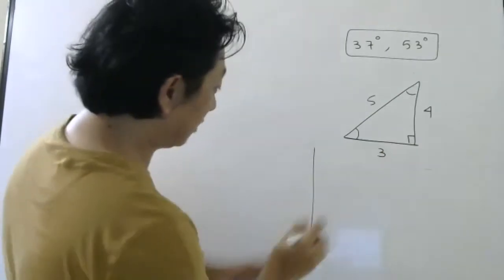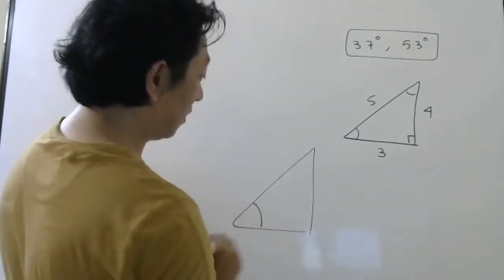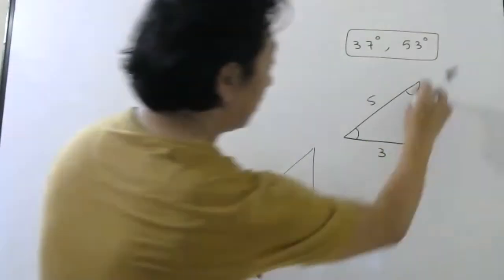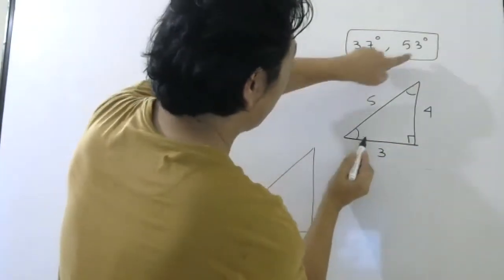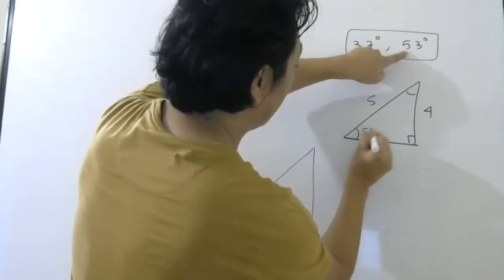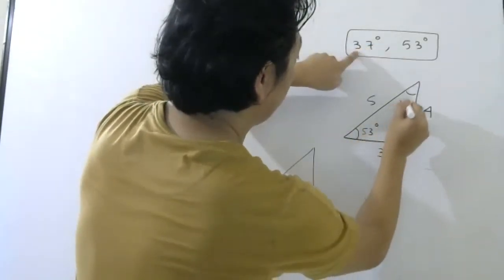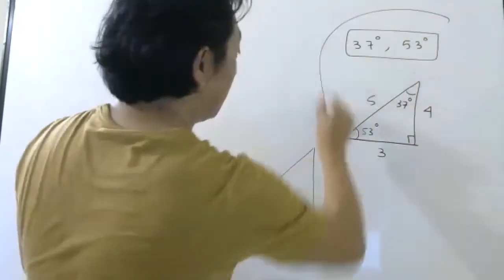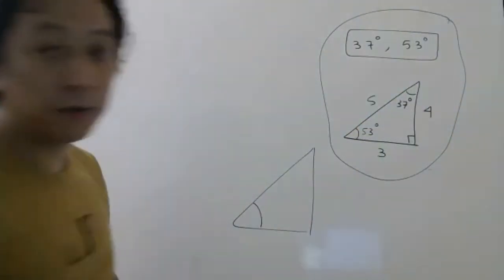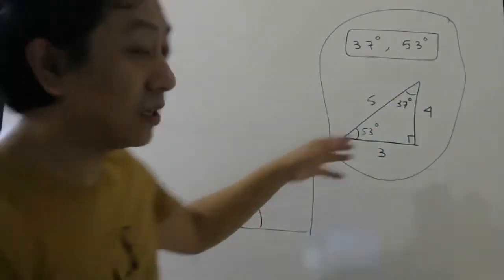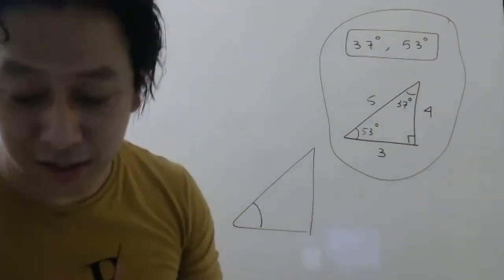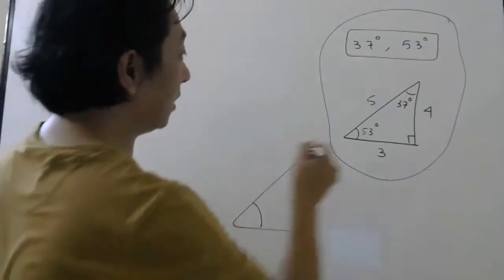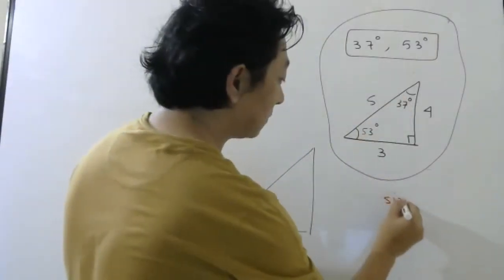If this side is more, this angle will be more, no? Yes or no, students? So if this is 4, this angle should be bigger. So this angle should, you have to remember to write 53 here and here 37. So if you remember this triangle, it will be easy for you to find sine 37, cos 37 and other things easily. So let us check what will be sine 37.